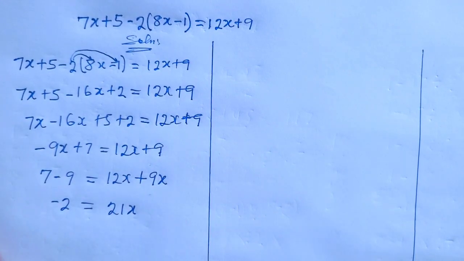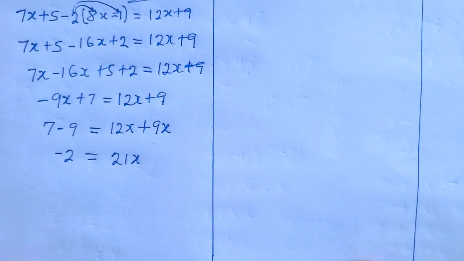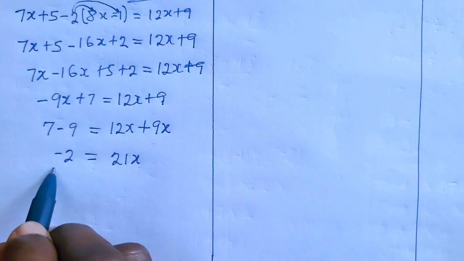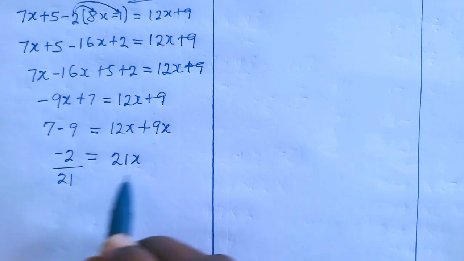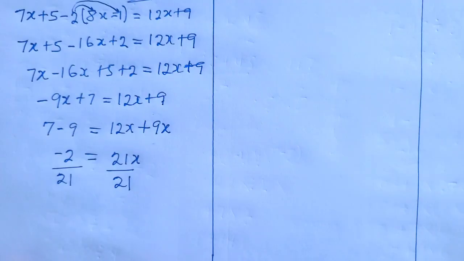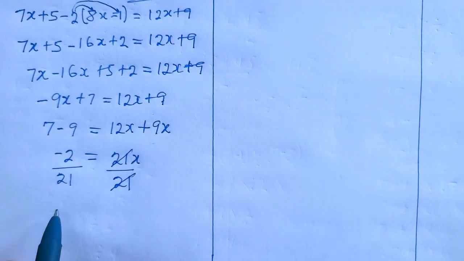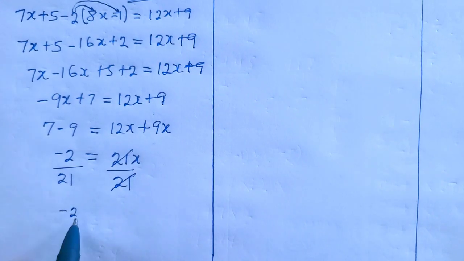And right here, to get the value of x, we are going to divide both sides of the equation through by 21. At this point, 21 will eliminate 21 here, and we have minus 2 all over 21 equals x.